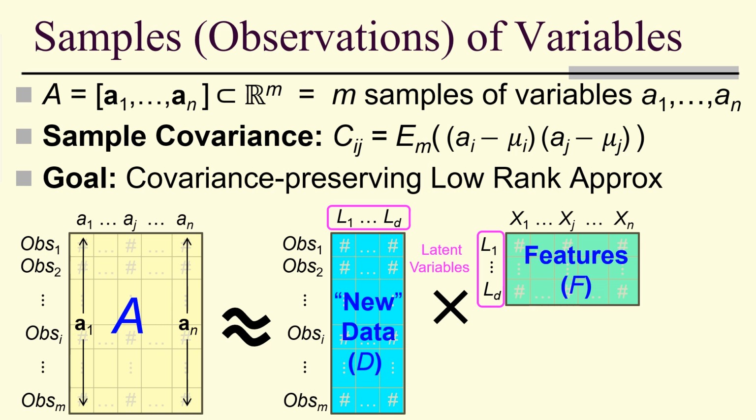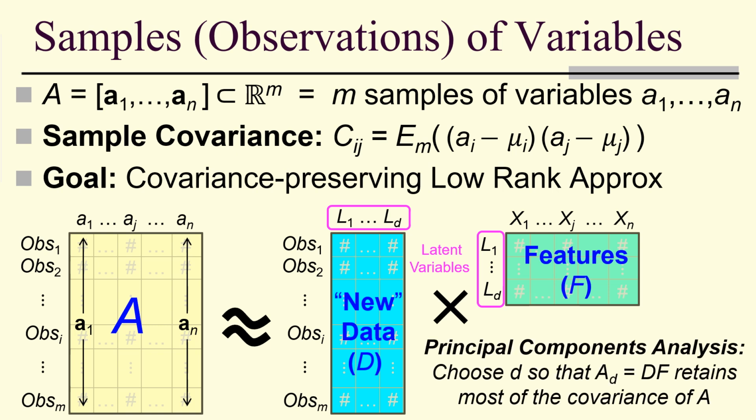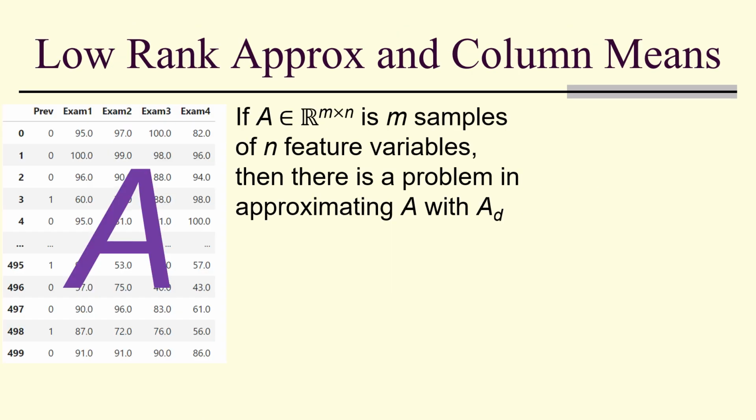Something that looks like this, where we choose D such that the approximation A sub D retains most of the covariance of the original. So if we have a matrix that is m samples of n feature variables, then there's actually a problem in approximating A with A sub D.